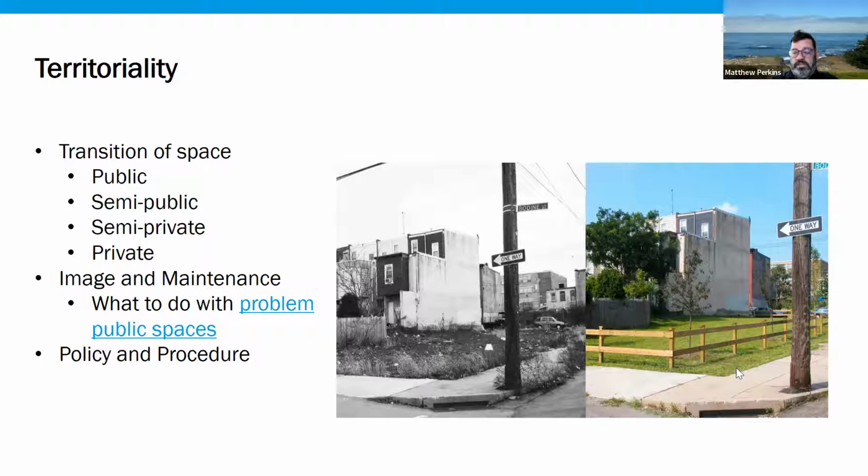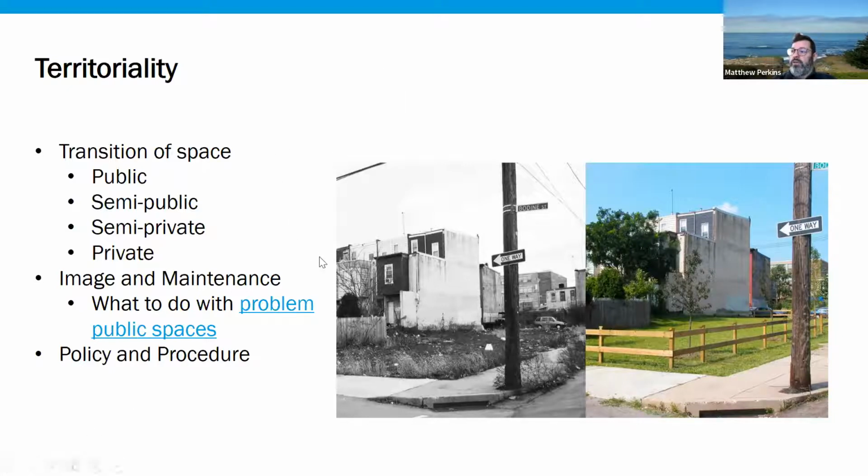Semi-private would be inside the fence, or if you think about your lawn inside a hedgerow, and then private is a school or an apartment building or a house, right? And so the barriers to demonstrate these different segments of space send those messages, and sometimes it can be just very symbolic, right?